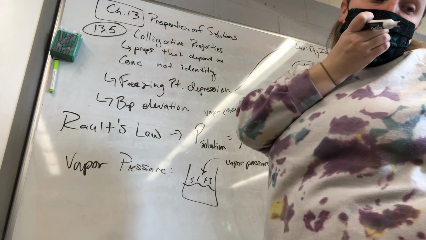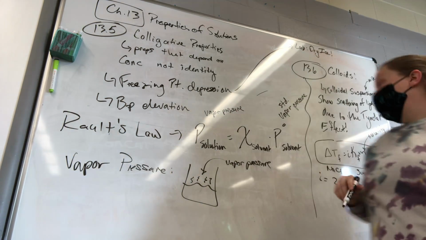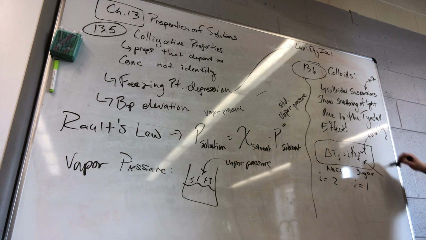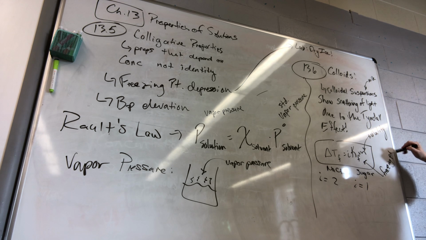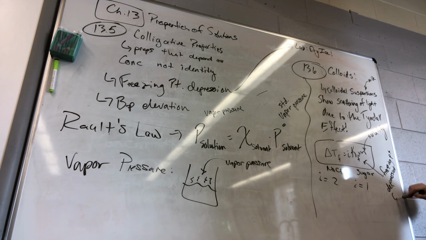What does K stand for? Freezing point. In this case, because it has an F, freezing point depression constant. It's a constant. Something that stays the same.